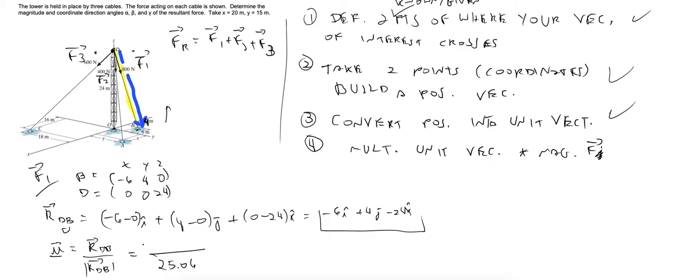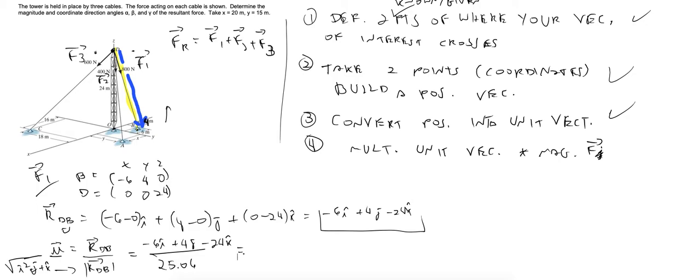And this is just negative 6i plus 4j minus 24k. What I did is take the square root of the i component squared, plus the j component squared, plus the k component squared. That's the magnitude, just to let you know in case you're still not familiar with it, which is okay.